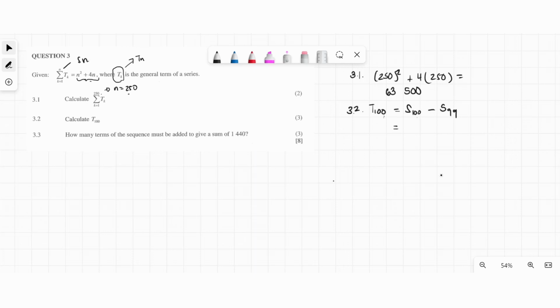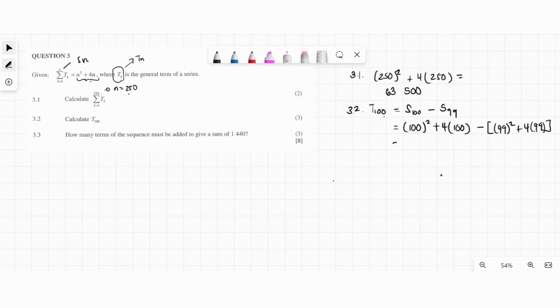So S100 is the same as what? From the equation, you substitute 100, so it's going to be 100 squared plus 4 times 100. Then you're going to say minus, so I'm going to do a square bracket for the 99. So it's the same as saying 99 squared plus 4 times 99.